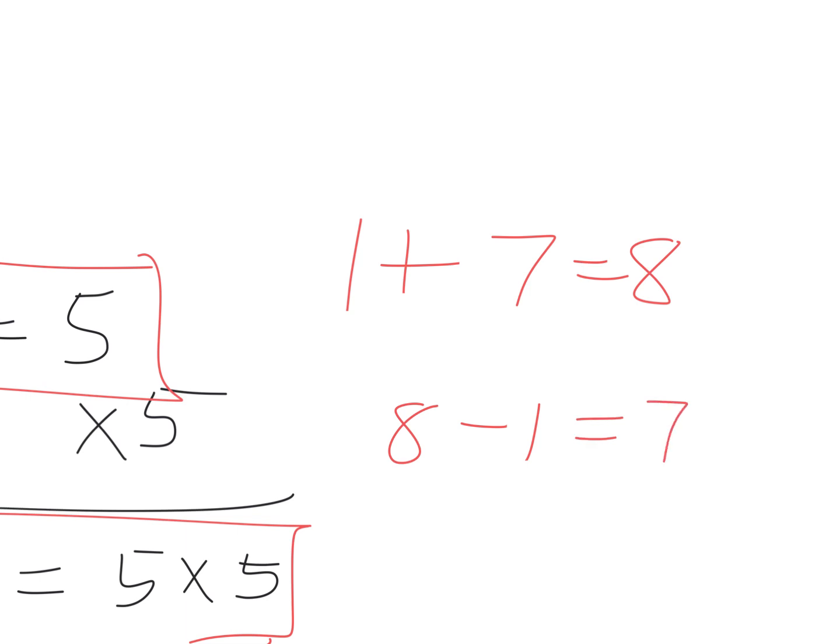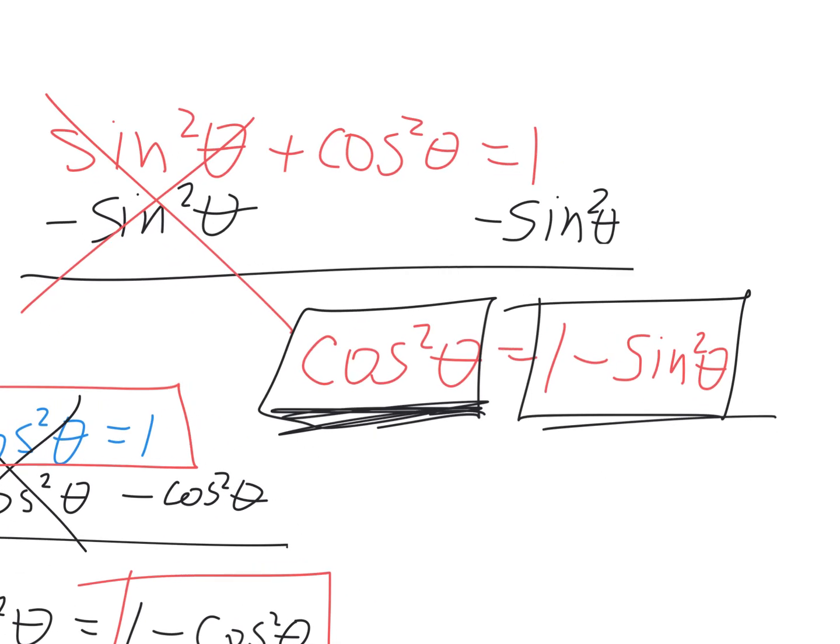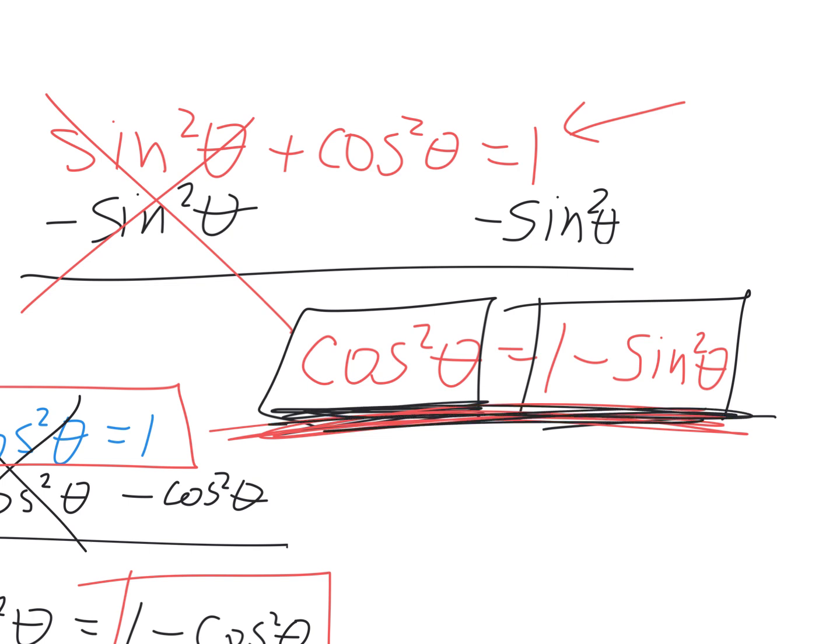That's also a fact, right? I just rearranged it. It's like that, except I started with this red one, which I know is a fact because it's on my sheet and I proved it. Then I subtract sine squared, so this must be a fact. That's what you can use then. It's kind of like a derivative of it. I'm not sure if you know what that means, but it's actually a good math example. Derivatives are coming in calculus, but you'll learn those later. The derivative just means it comes from this fact here.